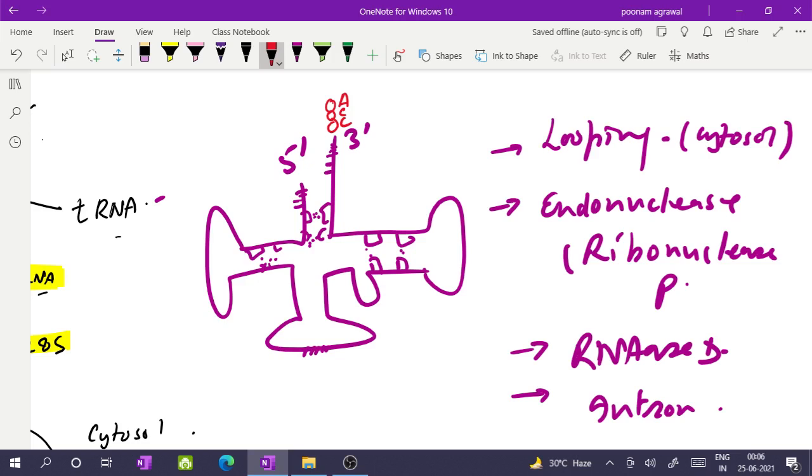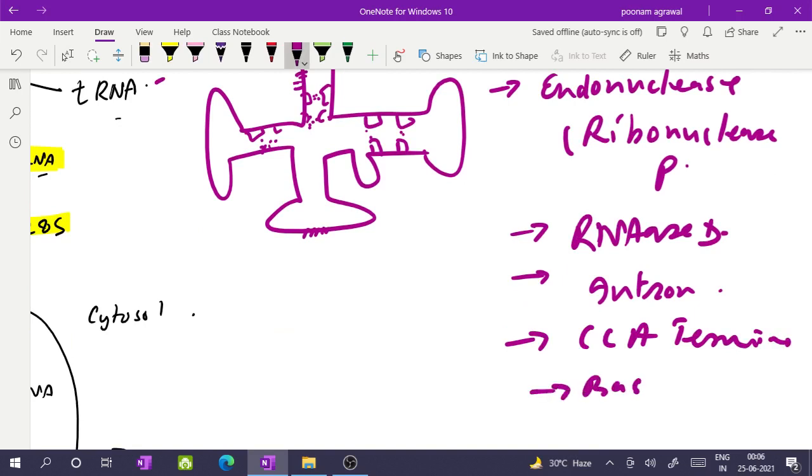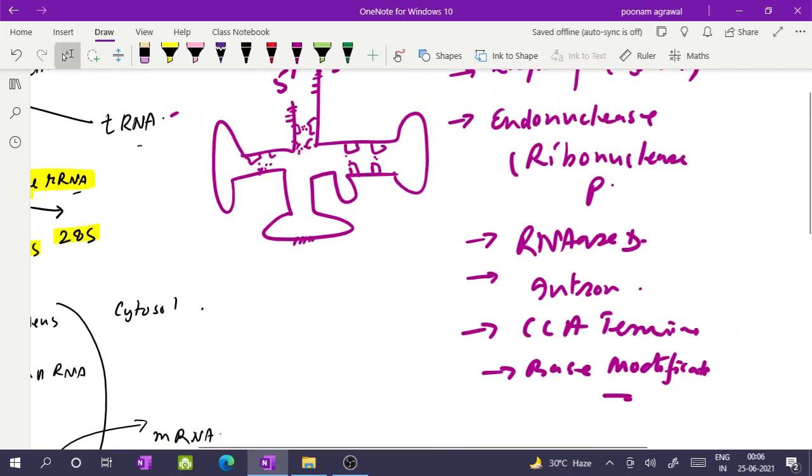And in addition to that, we have modification of bases. The important example of base modification is conversion of uracil to thymine. You see, RNA has uracil, it doesn't have thymine, but in one of the arms of transfer RNA, we have thymine.